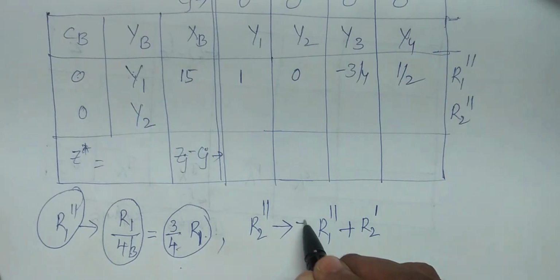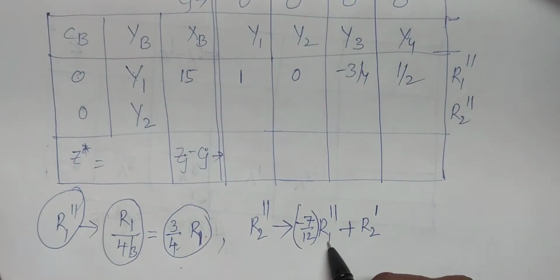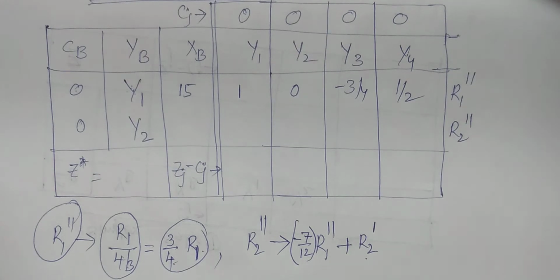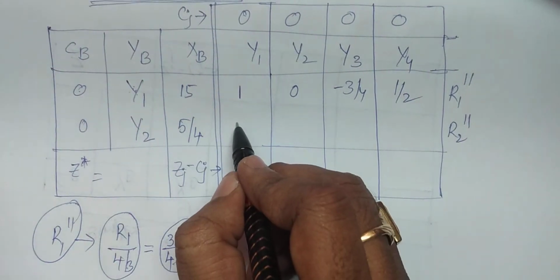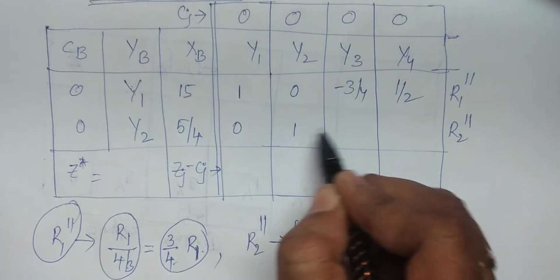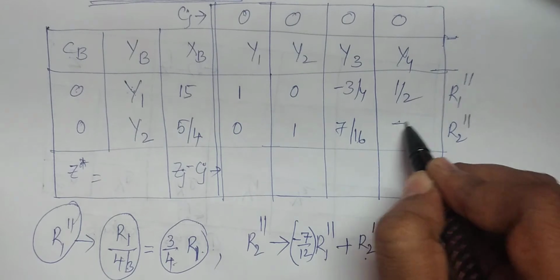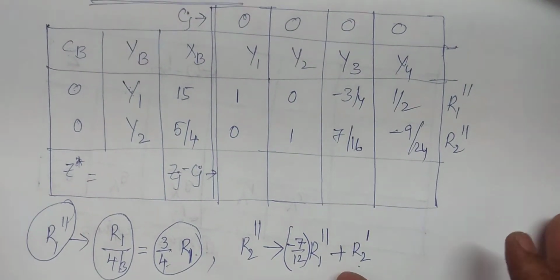That is minus 7 by 12 into R1 double dash plus R2 dash. This is the operation you have to do. While doing the operation, we get the values here, starting with XB: 5 by 4, 0, 1, 7 by 16, and minus 9 by 24. We got the values here.